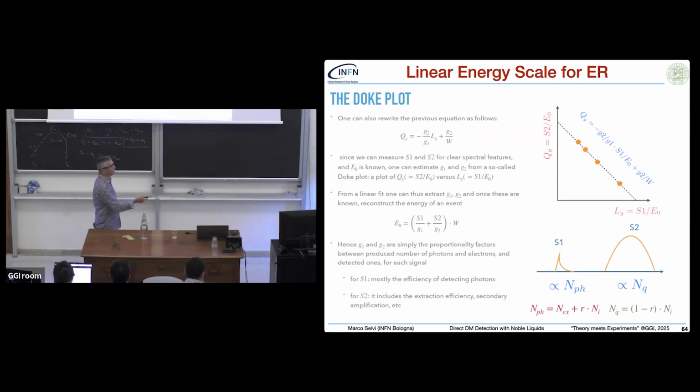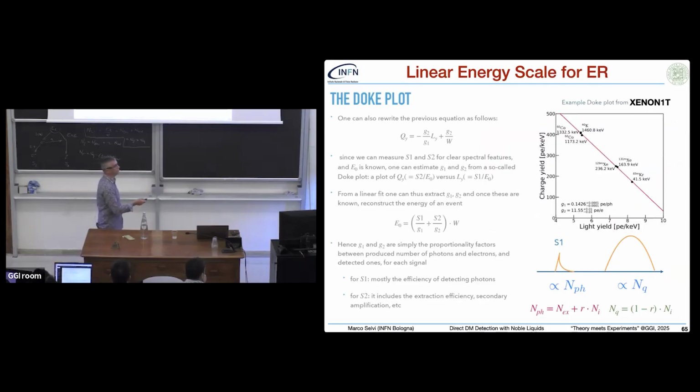Now let's see some other plots of this kind. This is what we call the Doke plot, this linearity with the anti-correlation of the two signals. This is an example that we made with XENON1T, our previous detector, where you see that each line lies on these anti-correlation lines. Why are they not at the same point?